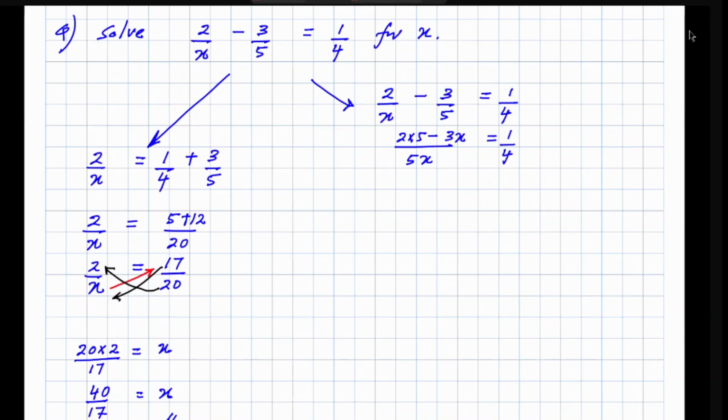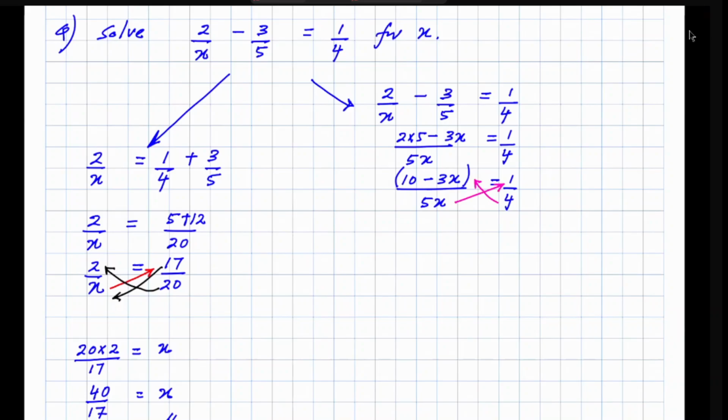So you can simplify this to (10 minus 3x) divided by 5x is equal to 1 divided by 4. Right? Now what I can do, I can cross multiply like this. What is the purpose of cross multiplying like this? Then I can remove the denominator. Right? So if you remove the denominator, that is a big relief.